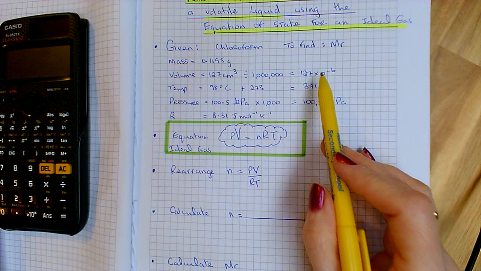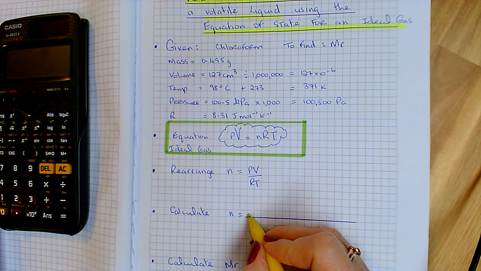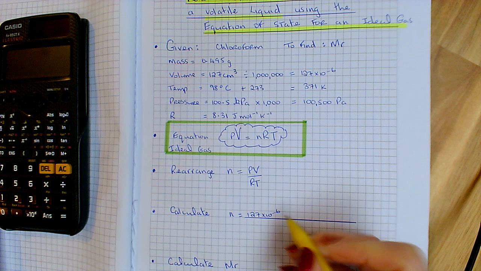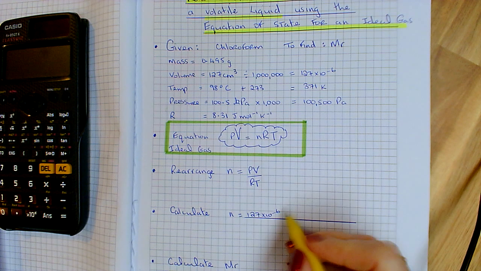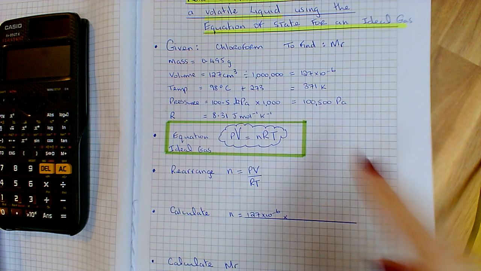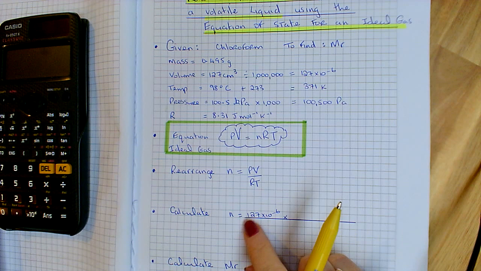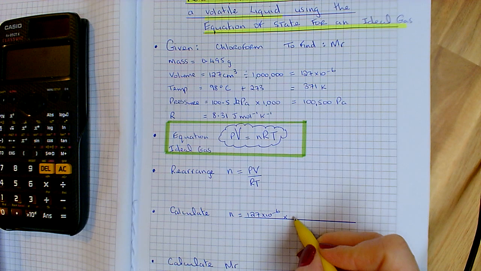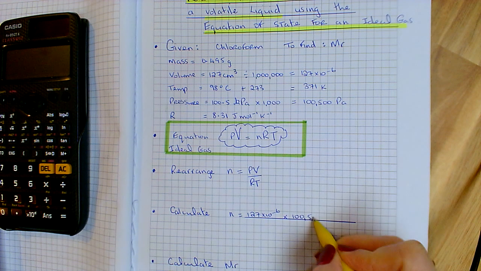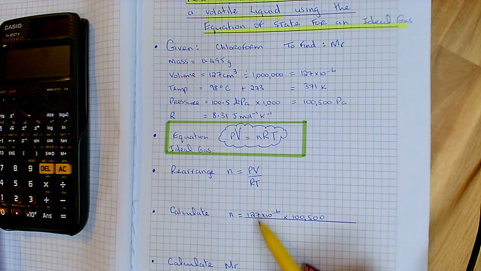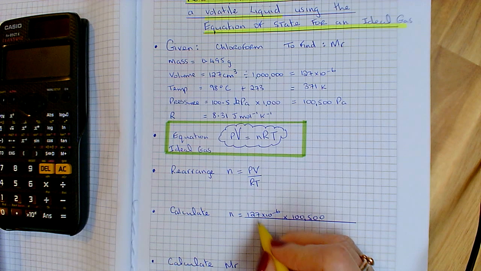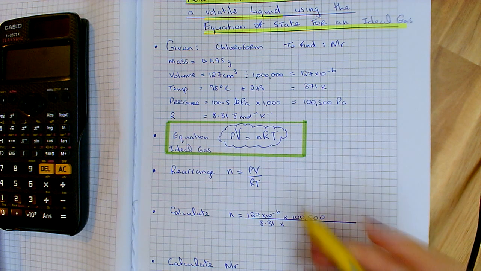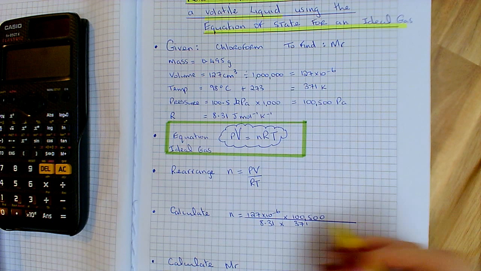So to find n, it's going to be the pressure multiplied by the volume. The volume was 127 by 10 to the minus 6, and the pressure was 100,500. We're going to divide this by the gas constant, which is 8.31, times the temperature in Kelvin, which is 371.